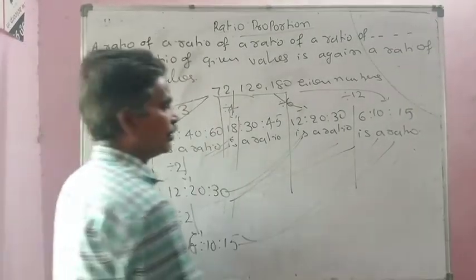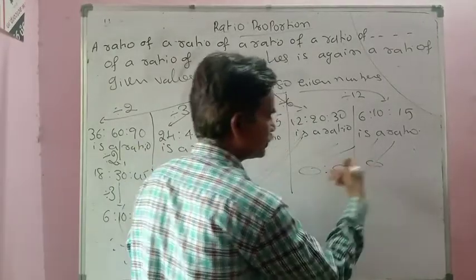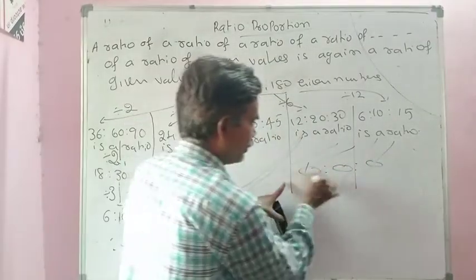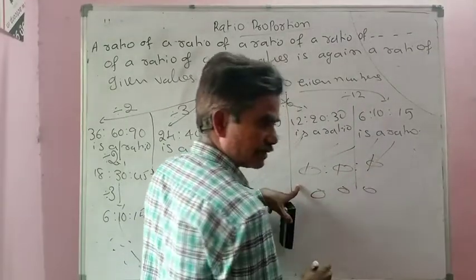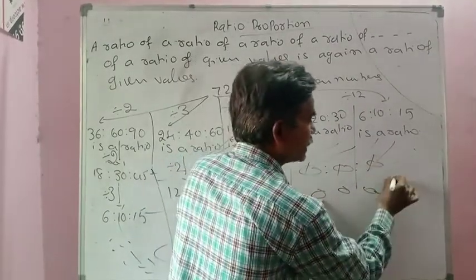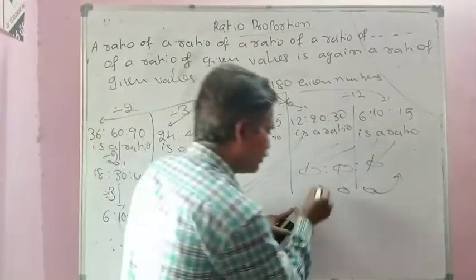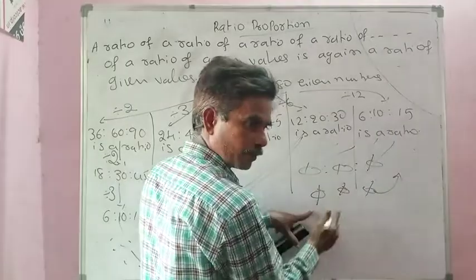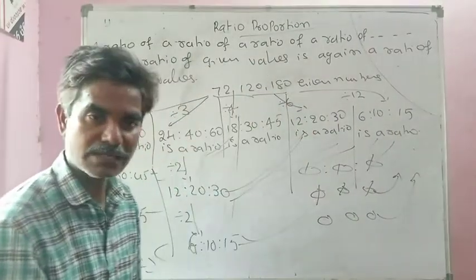That means if you have a ratio of given values, and if you find a ratio of this ratio, the obtained ratio will act as one of the ratios of the original values. And again, if you find the ratio of this one, the obtained ratio will act as one of the ratios of the original values.